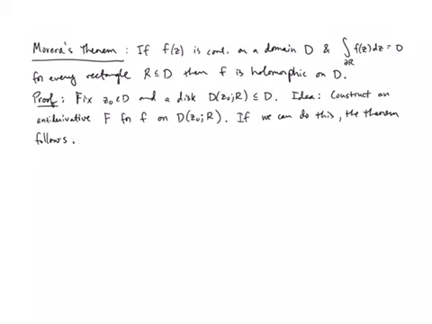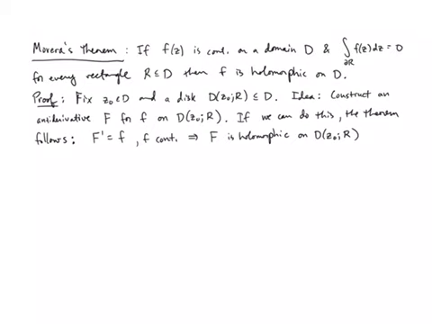And why is that? Well, if we can do this, if F is an antiderivative, so we have F prime equals f, and f is continuous, that would imply that capital F is holomorphic on this disk.